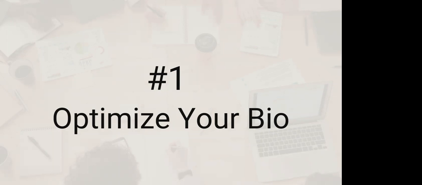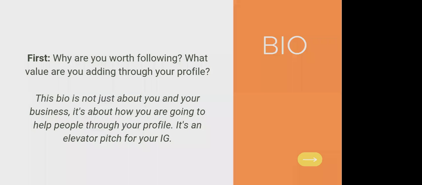If your profile doesn't have certain key ingredients, then people may show up and think, this is not really an account that is worth my time, I'm not going to bother following. So optimizing your bio is going to be your first step.